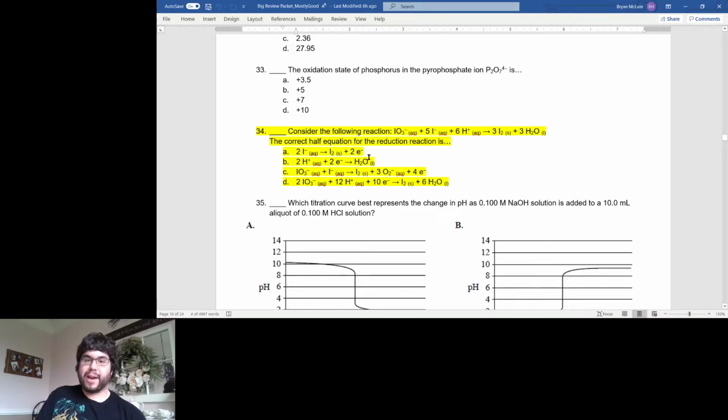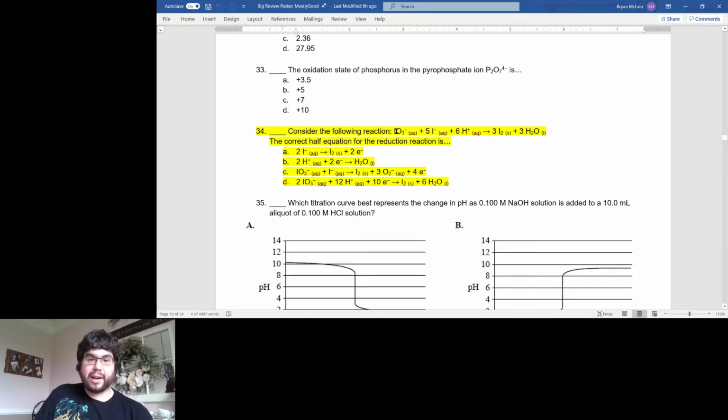Another way you can tell really fast here is that if you look at the 5I- to I2, remember that I- has to have an oxidation number of -1, and then I2, remember the diatomics always have an oxidation number of 0. So iodine became oxidized. And then IO3-, where you're going to have oxygen at -2, so it's -6 in total, and then iodine is going to be +5.